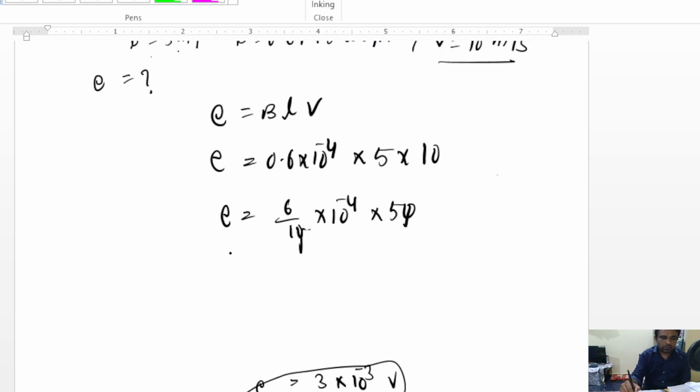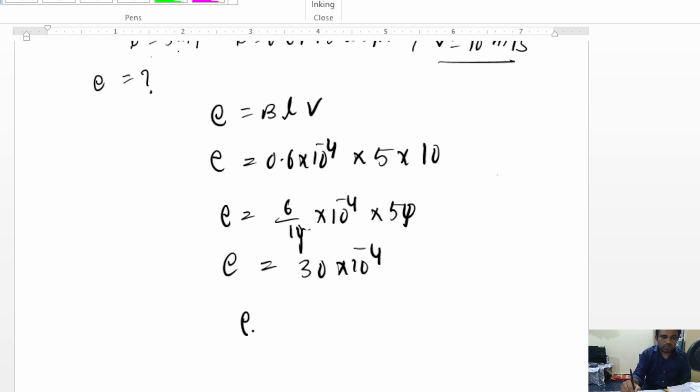Now E is equal to 6 fives are 30 into 10 to the power of minus 4. So E is equal to 3 into 10 into 10 to the power of minus 4. So 3 into 10 to the power of minus 3 volts. So 3 millivolts.